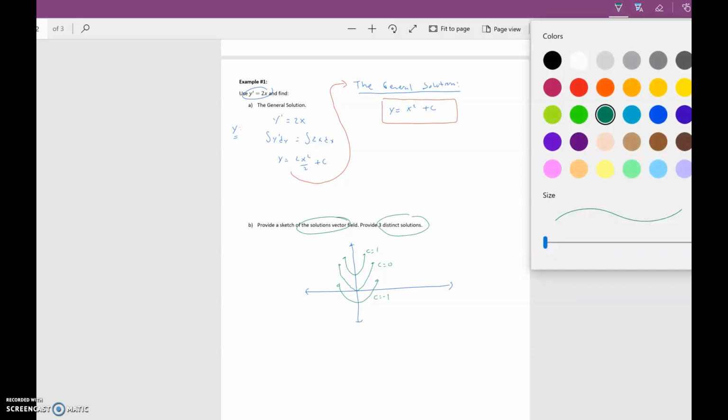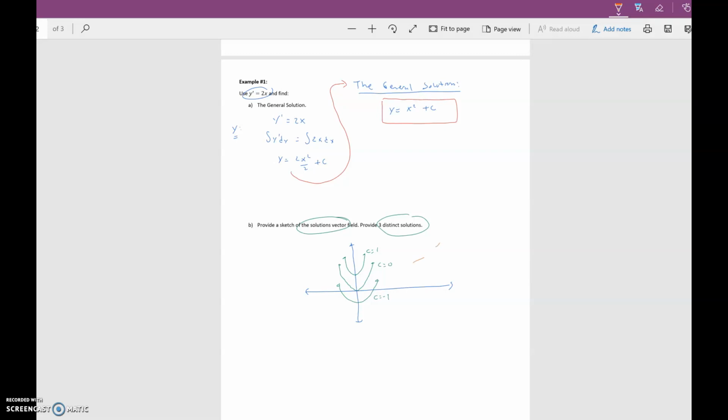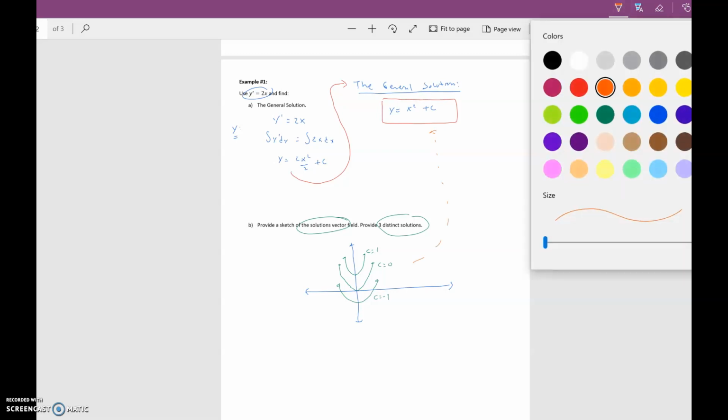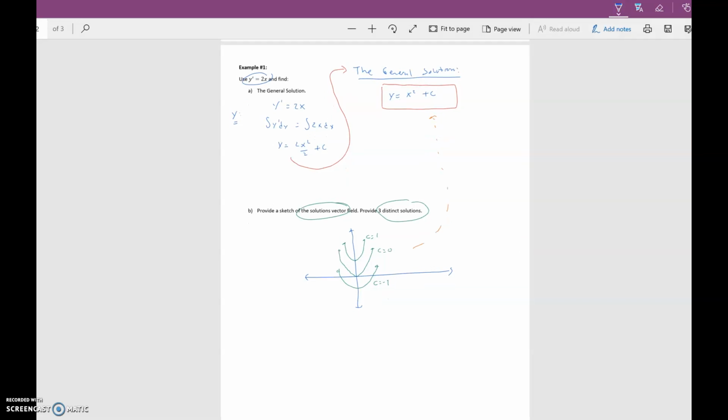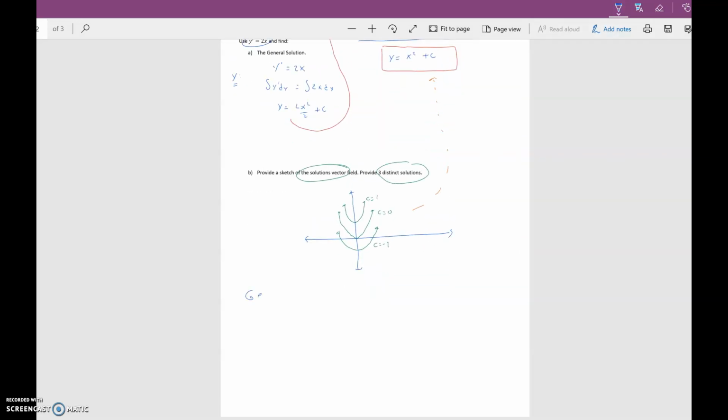And remember that these solutions are actually part of the solution set, since the general solution, and let me write it here, general solution, we only know that y is equal to x squared plus the constant c.